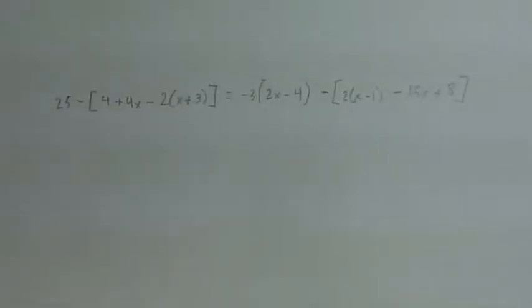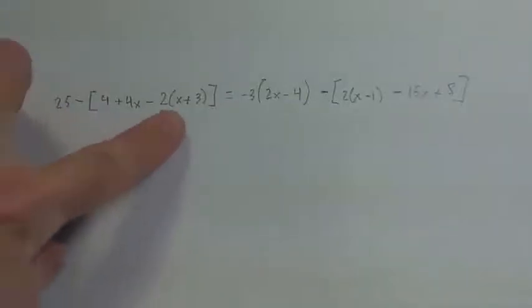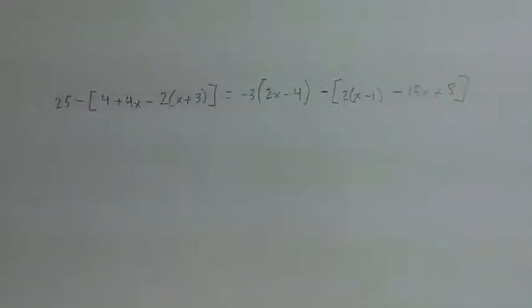Alright, here's an example that takes some serious simplification. We got a big mess here. Alright, so first we're just going to try and simplify this the best we can. To start, remember what your order of operations says. Remember the first step of order of operations, parentheses or grouping symbols.